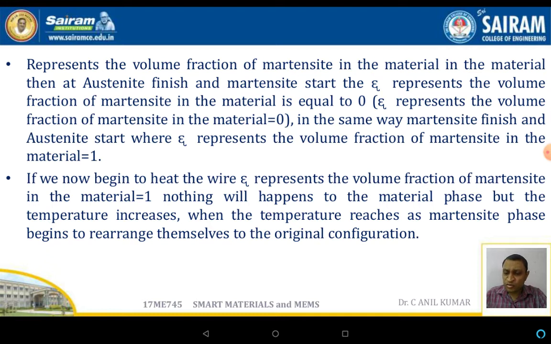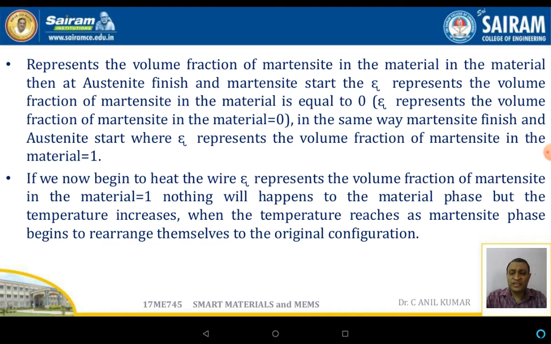If we begin to heat the wire, xi, the volume fraction of the martensite in the material, is equal to 1. Nothing will happen to the material phase, but the temperature increases. When the temperature reaches the martensite phase, it begins the rearrangement of itself to the original configuration.